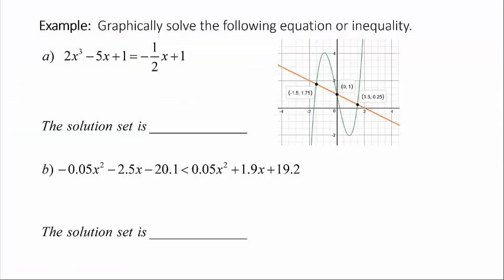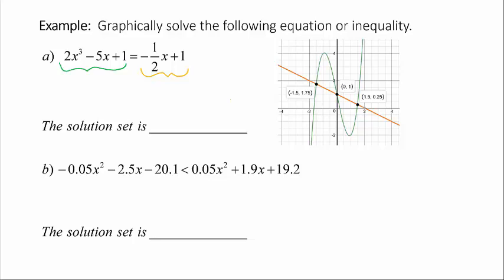So now that we've graphed both sides, right? The cubic, 2x cubed minus 5x plus 1, is in green, and the orange graph is the negative 1/2 x plus 1. The goal when we're trying to solve an equality is to find the values of x that make that statement true, which means the x values where both of those functions carry the same y value, and it happens in 3 places.